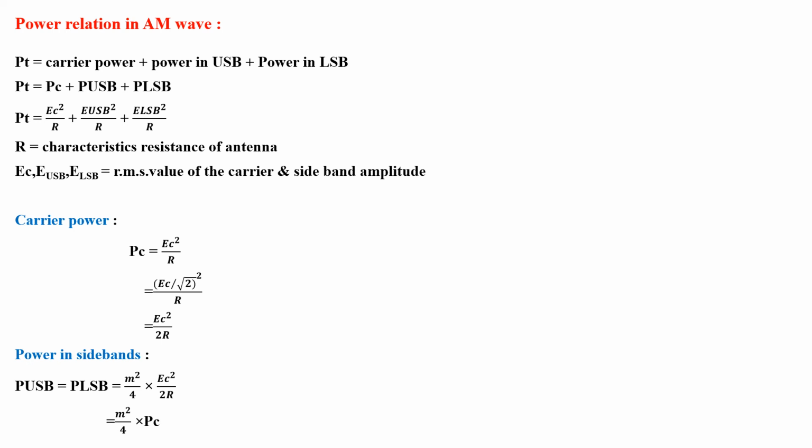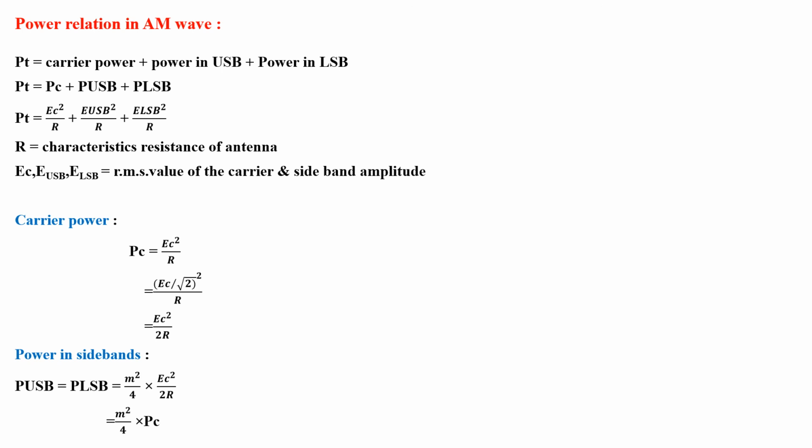R is the characteristic resistance of the antenna, and EC, EUSB and ELSB represent the RMS values of the carrier and sideband amplitudes. The carrier power PC is equal to EC square by R. Substituting the value of EC as EC by root 2, we obtain the carrier power as EC square by 2R.